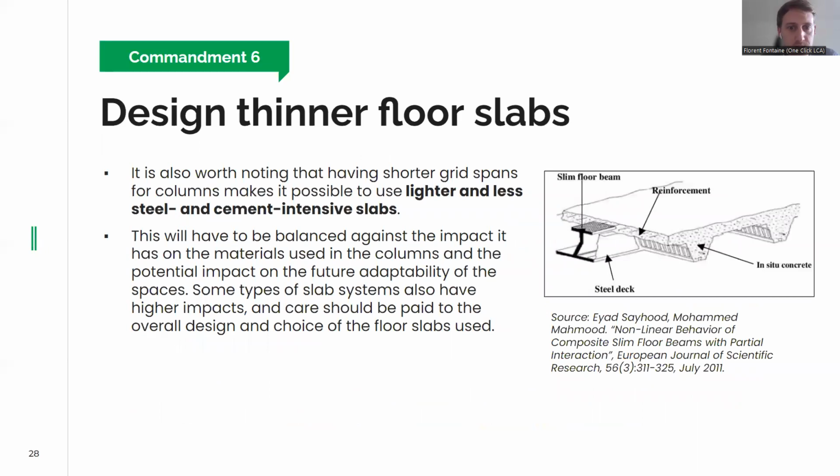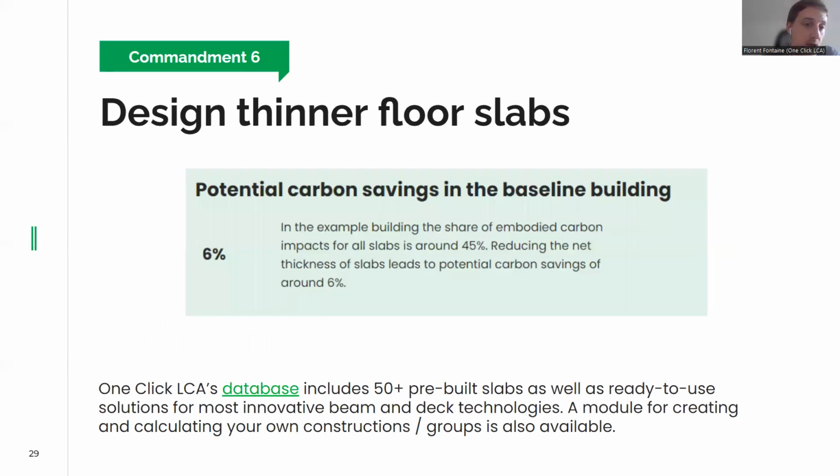These alternatives should be, for example, having less steel and less concrete, so looking for hollow core slabs or bubble decks or composite structures. And this has to be done according to the other specificities and performances that you require: fire resistance, acoustics, and, for example, structural resistance. So you cannot only count on the carbon for improving your design in this case. This can be up to 6% in the example that we have here of potential carbon savings.